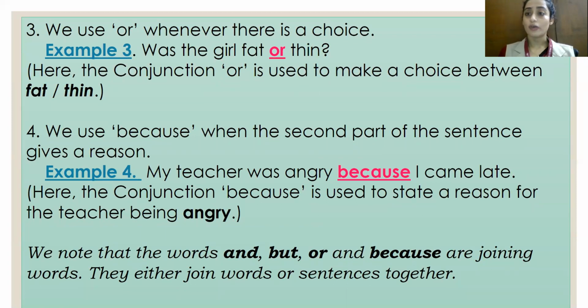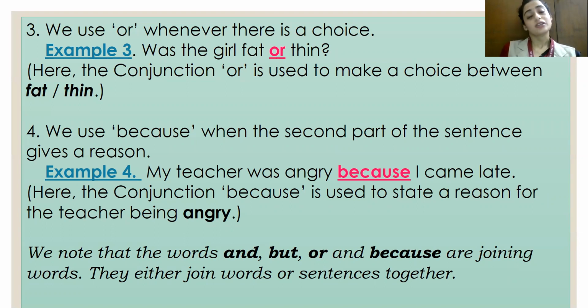Let's come to the next one. We use or whenever there is a choice. Another conjunction we have is or, like we had in the third example on the first page. Example 3: Was the girl fat or thin? When do we use this conjunction or?